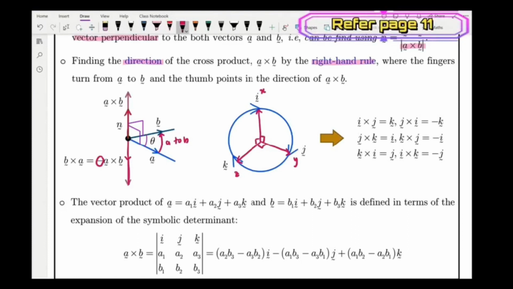Cuma, the direction mesti IJ dapat K. JK dapat I. Dan sebaliknya lah. Okey, tapi katalah kita tukar direction. I cross K. Kita tukar direction. So, we can get negative J. Okey, negative J. Dan seterusnya lah.